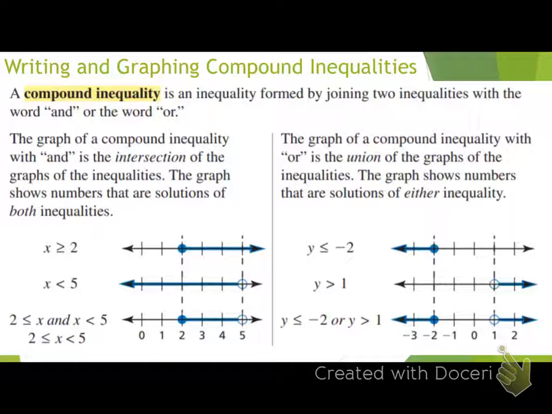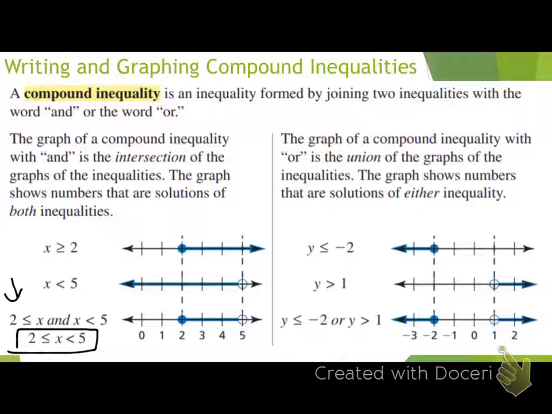And right here, these are two ways you can see an and compound inequality. You can see it with the two inequalities with and written in between them, or you can see it written like that. You'll see it written like that quite a bit. Okay? As you can see on this first part right here, they flipped the inequality symbol and put x on the right-hand side.